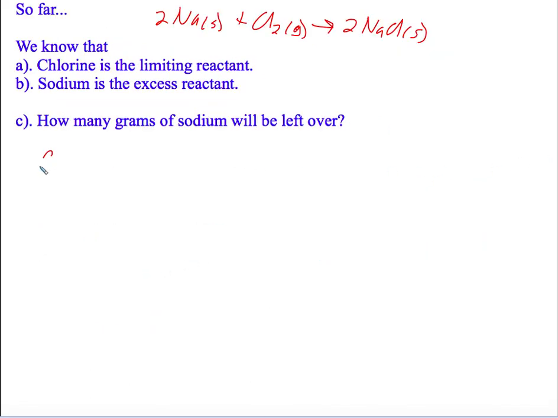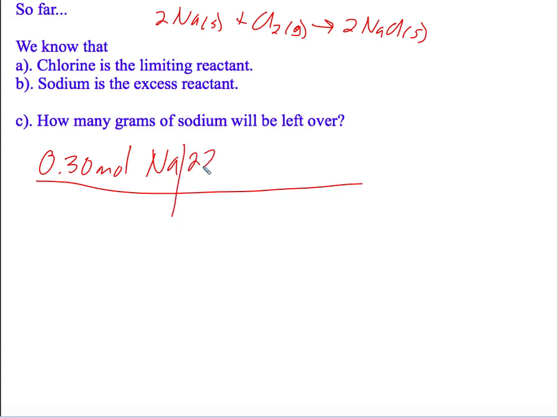So if I have 0.30 moles of Na, and I have to go to grams, I have to multiply that by the molar mass. The molar mass of sodium is 22.9898 per 1 mole.